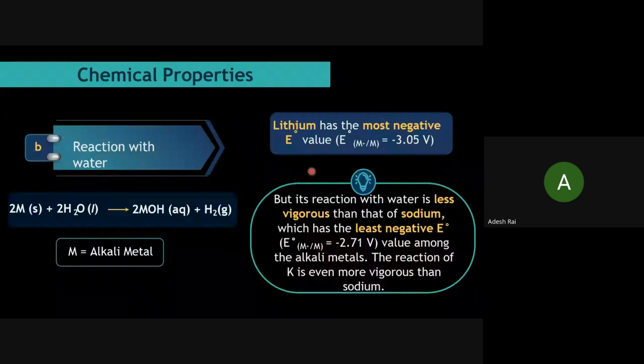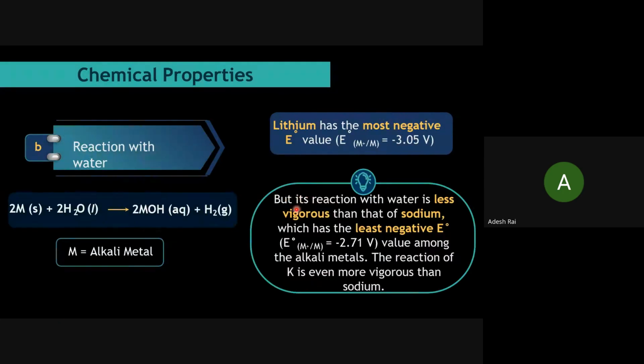Now, have you studied E naught value? In the redox chapter, we would have discussed E naught value, right? We say that the higher the negative E naught value, the higher is the reducing power, and the higher is the reactivity also. By that logic, lithium has the most negative E naught value, which means it is the most reducing agent among all the group one members and the most reactive one as well.